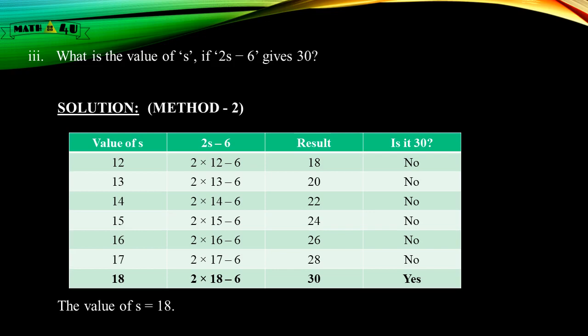So just write no. Next, 13. 2 into 13 minus 6, that is equal to 20. Again, no. Likewise, you can give any number so as to get the answer 30.